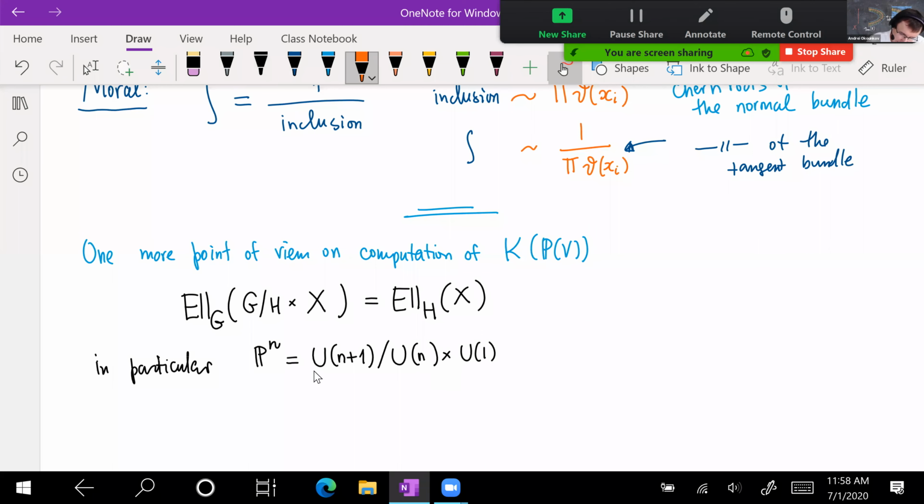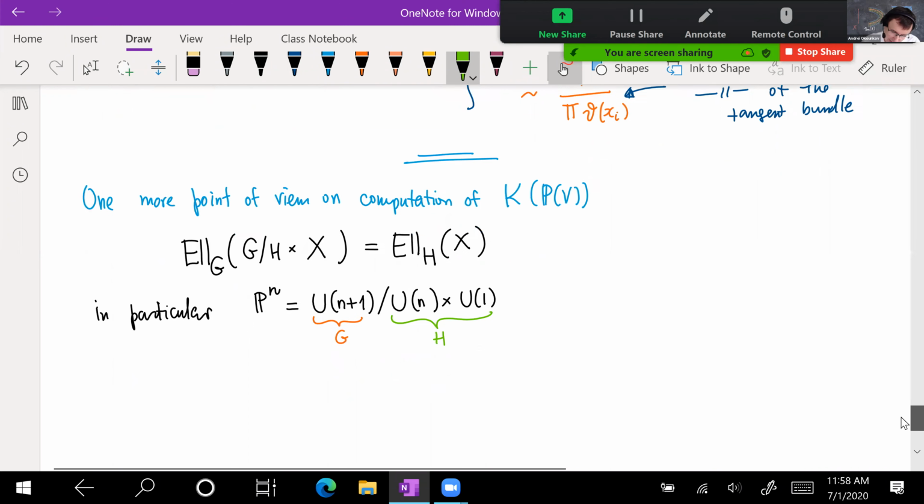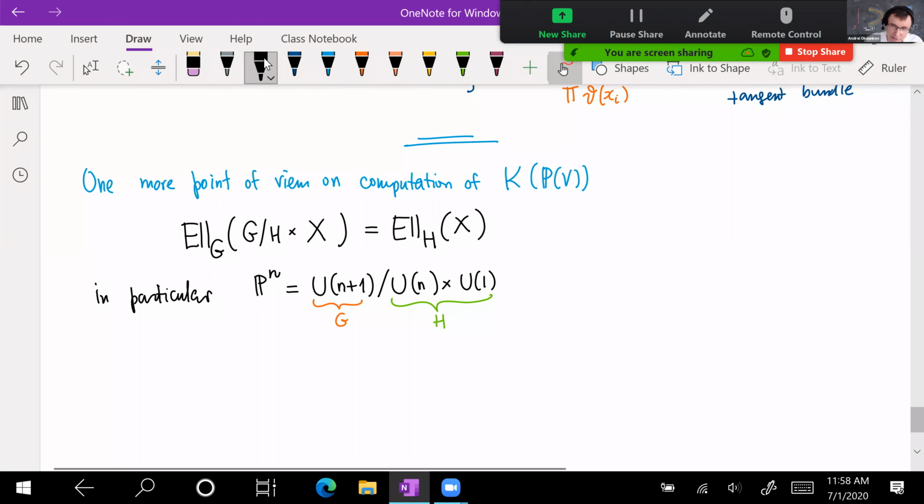So we can call this group G and call this group H. Everybody agrees with that? And so by this rule, we should get that the elliptic cohomology of Pn itself should be just the elliptic cohomology of H of a point.